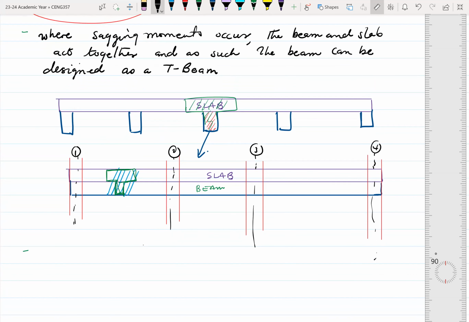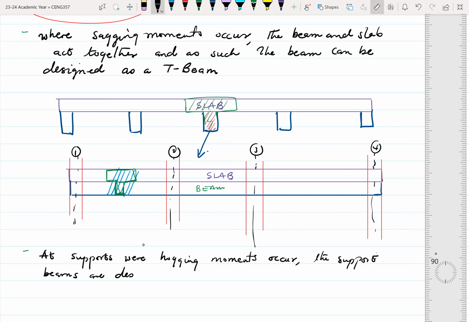The next point is that at support, where we have hogging moments, the support beams or the beams at support are designed and detailed as rectangular members or as rectangular sections.